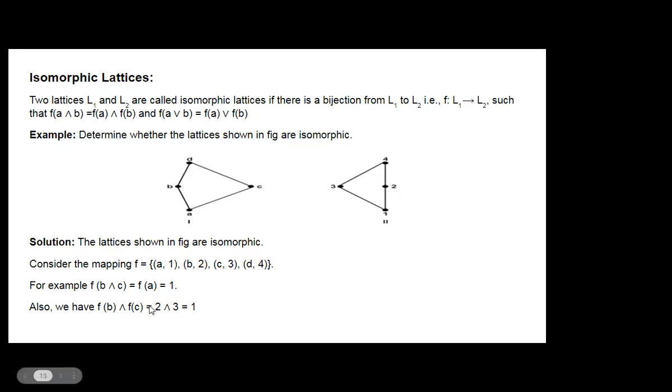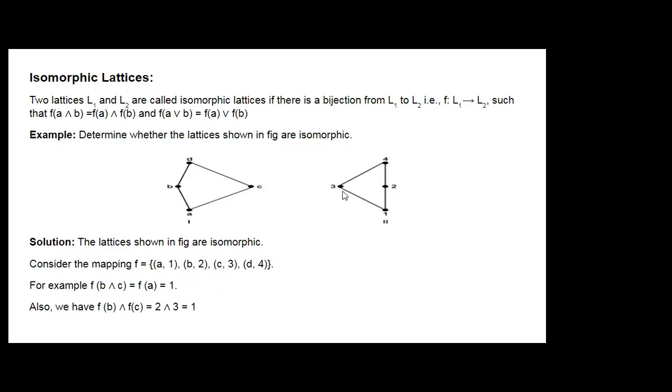So we can say that these two lattices are isomorphic. We can define the function on the corresponding elements: A to 1, B to 2, C to 3, and D to 4. Here we have seen f of B and C, that is 2 and 3.